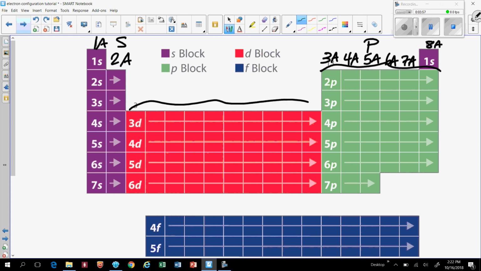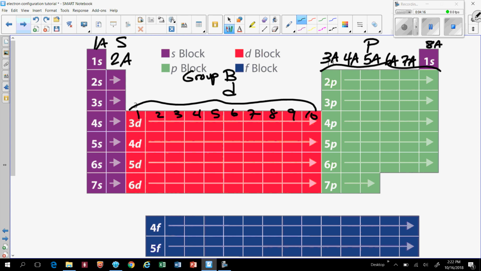And these columns here, known as group B elements, because they don't have an A after their number, notice it's 1, 2, 3, 4, 5, 6, 7, 8, 9, 10 columns, 10 groups, and D holds 10, so this is our D block, our D sublevel.